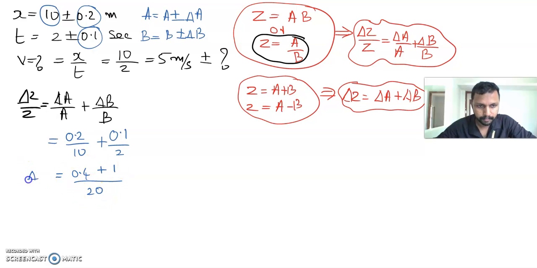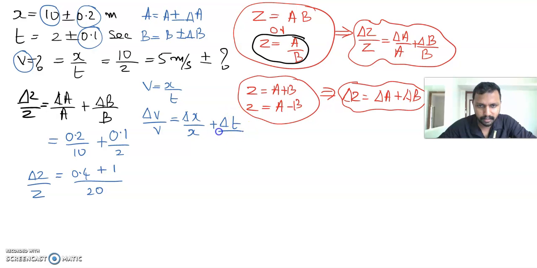Okay, here delta Z by Z, in terms of velocity, v is equal to x by t. So delta v by v is equal to delta x by x plus delta t by t.